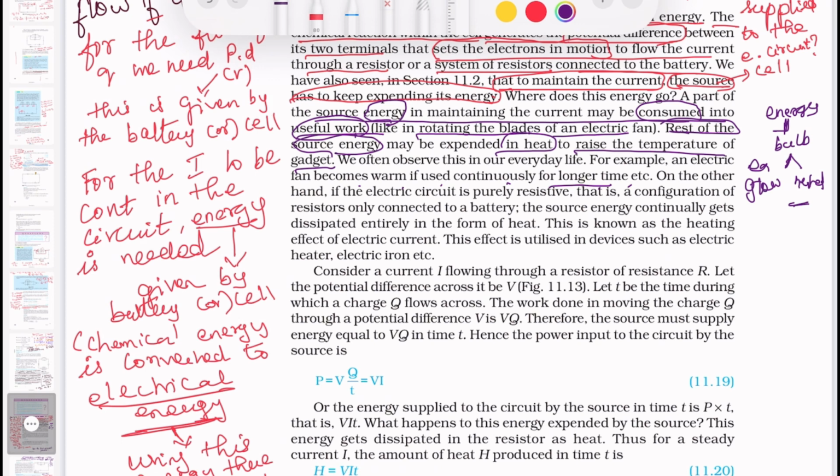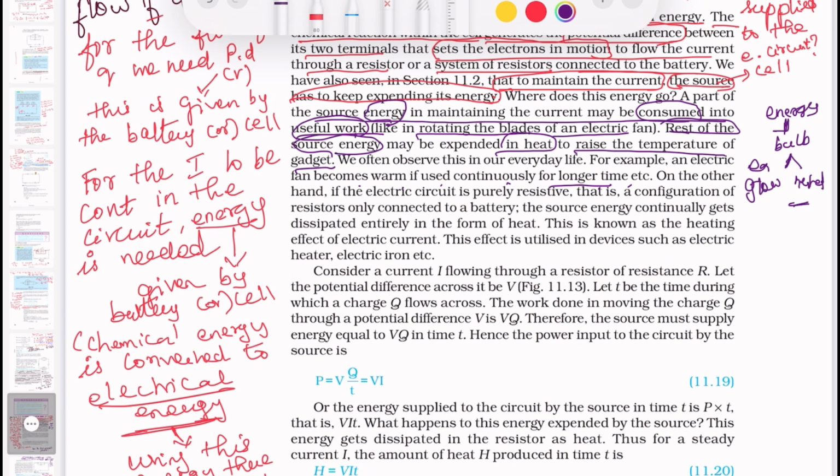So now what happens? This rise in temperature should be maintained in the bulb. When we talk about the applications of the heating effect of electric current, we will talk in detail about the fuse. But now you should understand one part is used for work, the other part is used as heat in raising the temperature.